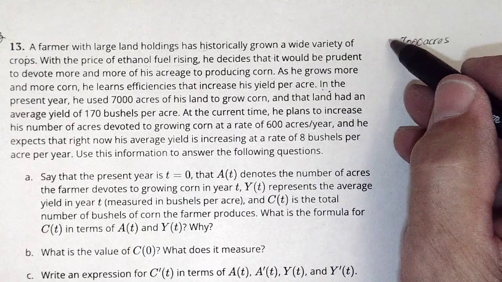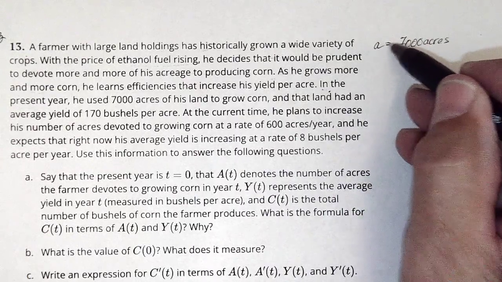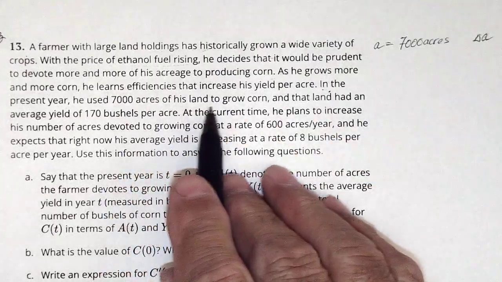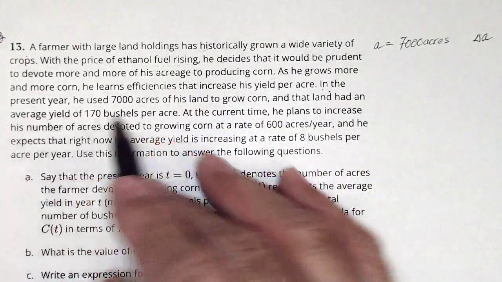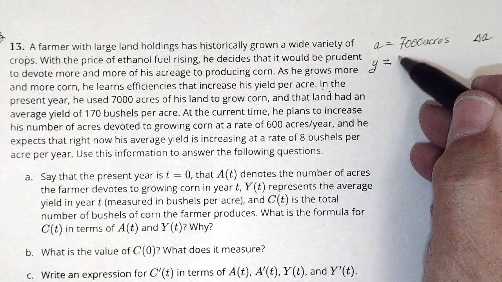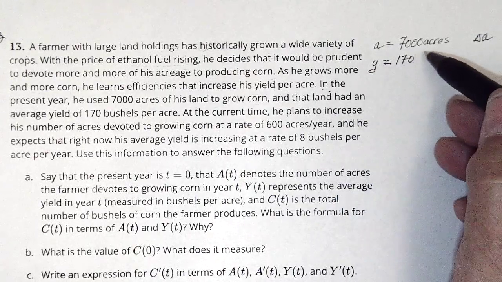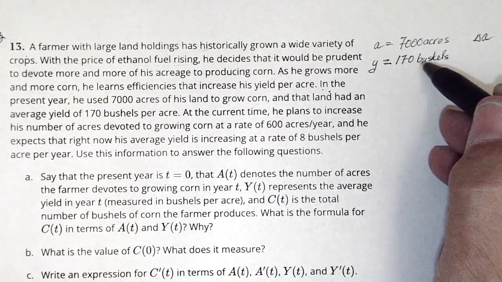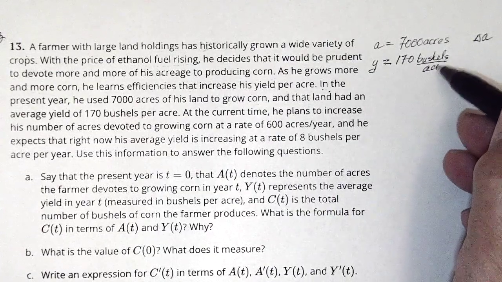So this is the number of acres, and there's going to be a change in the acreage. And the land right now has a yield that's 170 bushels per acre.